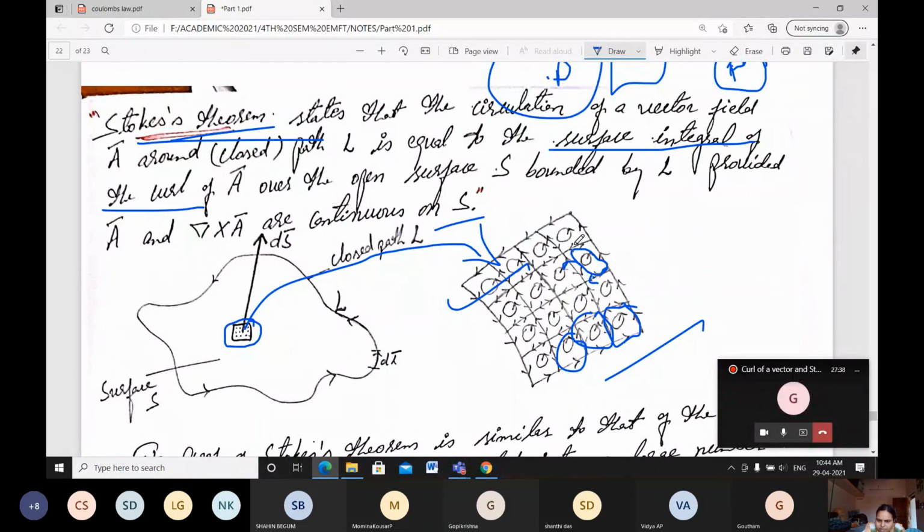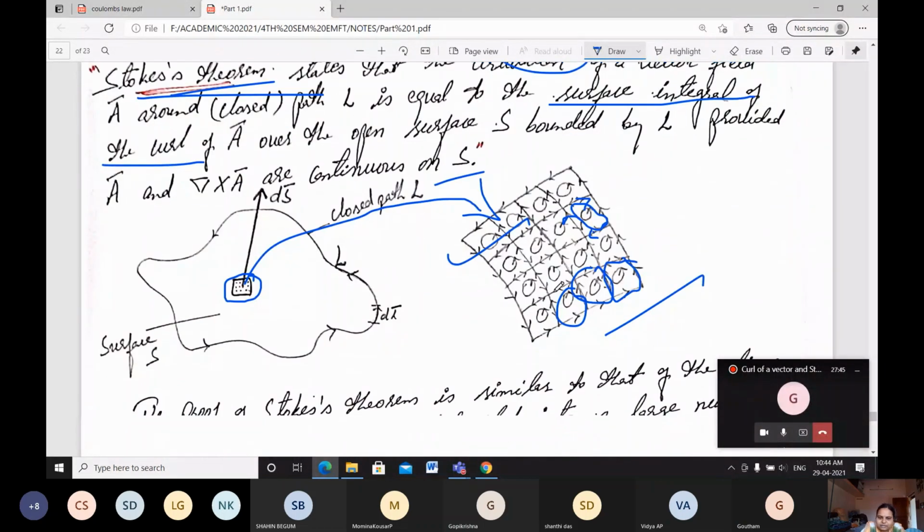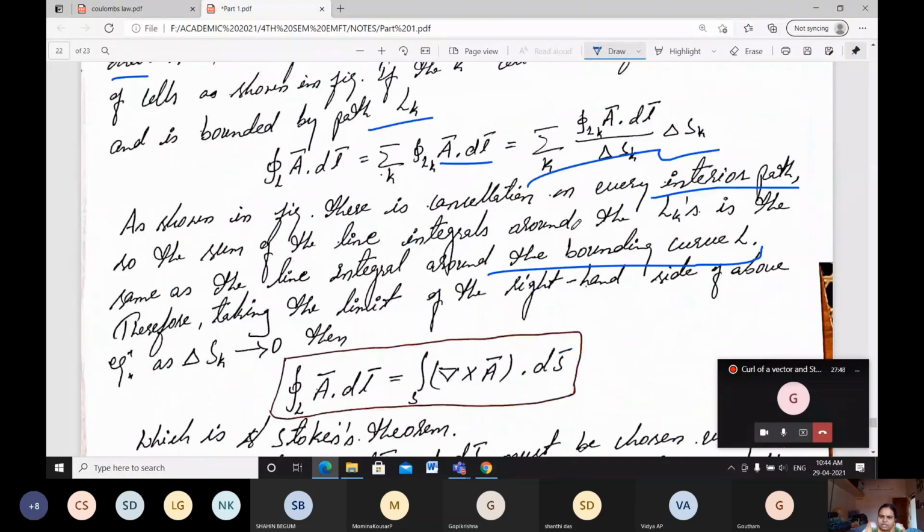It is in the reverse direction, meaning for one it is in one direction, for the other it is in the other direction, so it cancels by itself. That is what is being told here for interior paths. So the sum of the line integrals around the Lk is the same as the line integral around the bounding curve L.